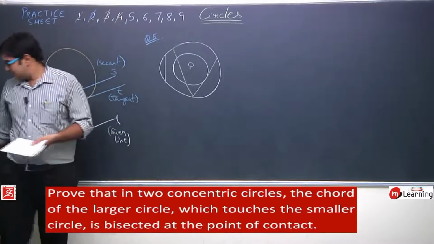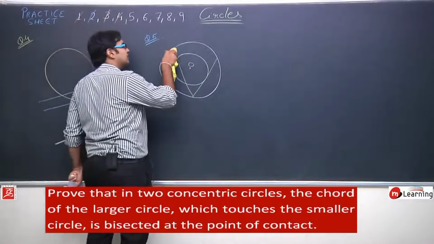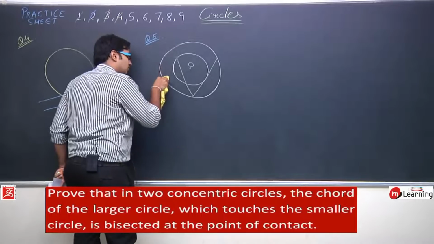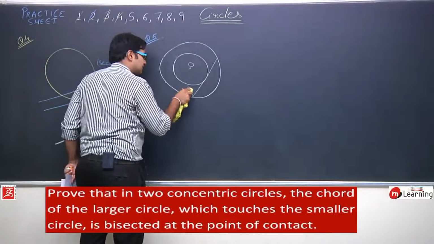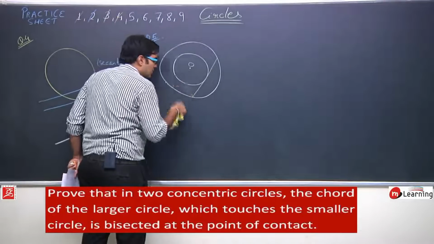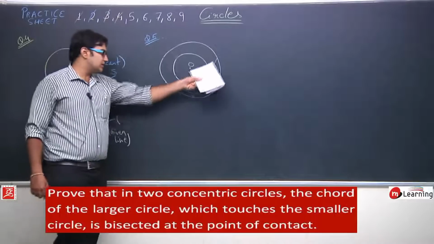So let us remove all the chords which are not of any use for us. Let us remove these two chords, the chord which is secant and the chord which is neither secant nor tangent. So we need to consider only this chord.